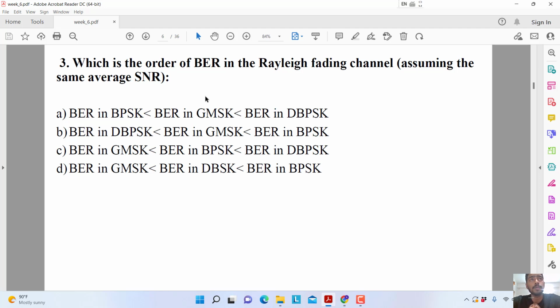There are three types of modulation schemes: BPSK, GMSK, and DPSK. Just revise the formula of the BER. The channel is given as Rayleigh fading. If anyone got the answer, can comment.